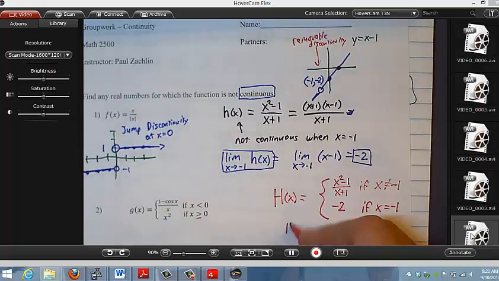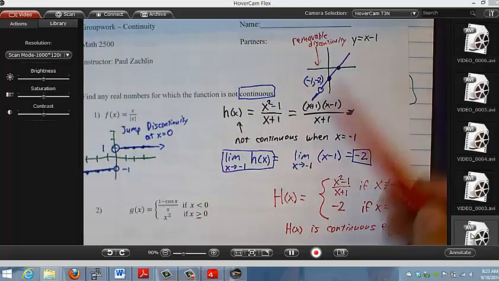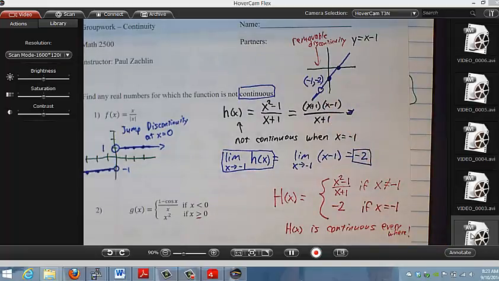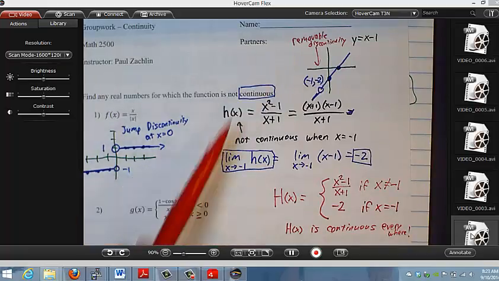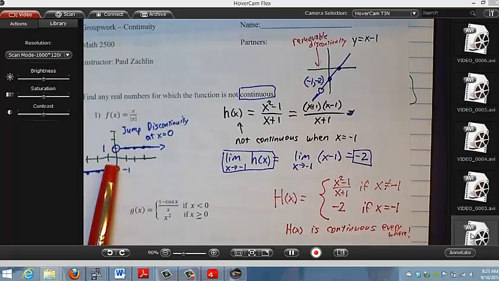And what I'm going to say is capital H of x is continuous everywhere. Right? It would have the exact same graph as little h of x. What would be the only difference? You kind of color in the hole. So you have a line. Does that make sense to you guys? Okay. So this is why we call it removable, because you can just define one point differently and you've got it. That's called a removable discontinuity. I can't do that here. I can't do that here.